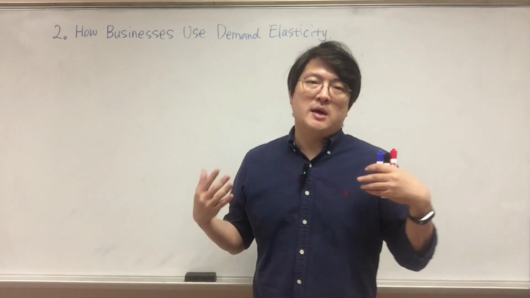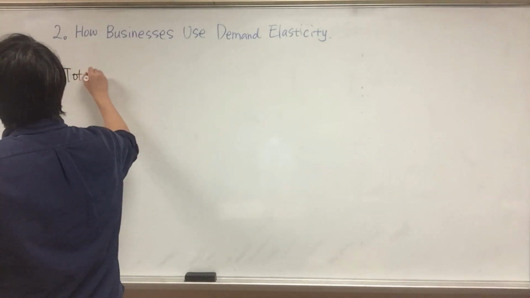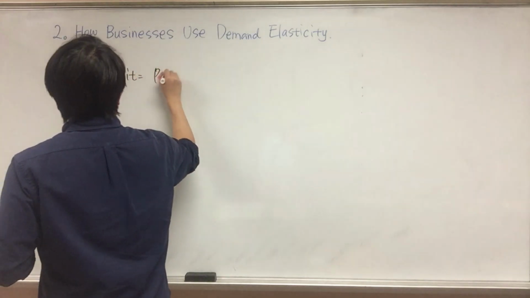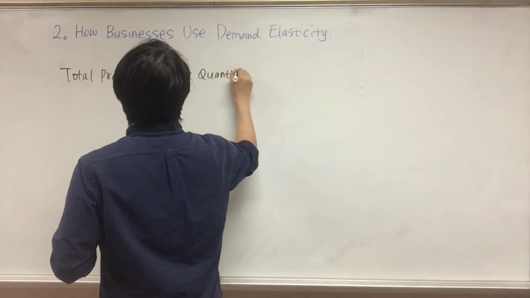As you know, total profit is price times quantity.